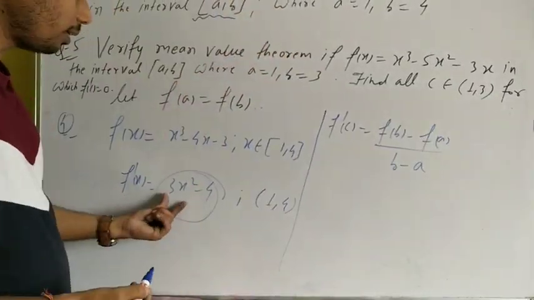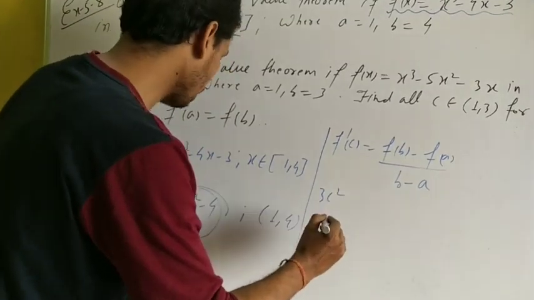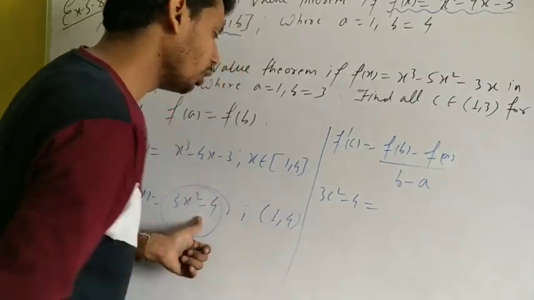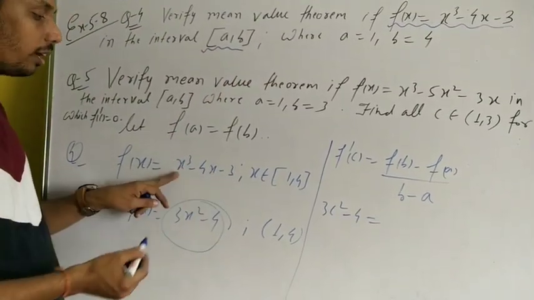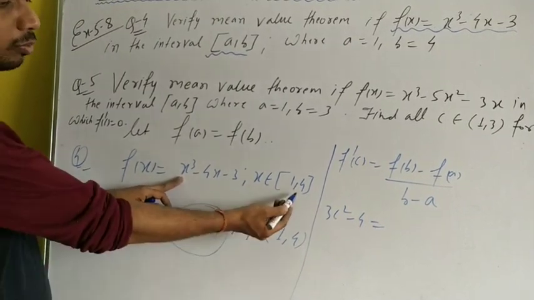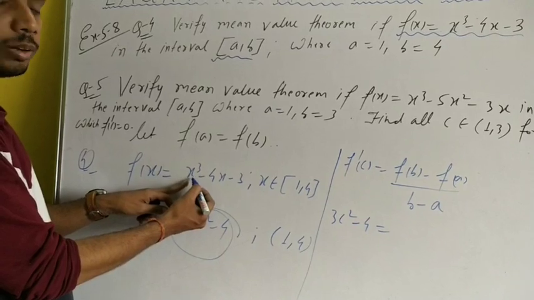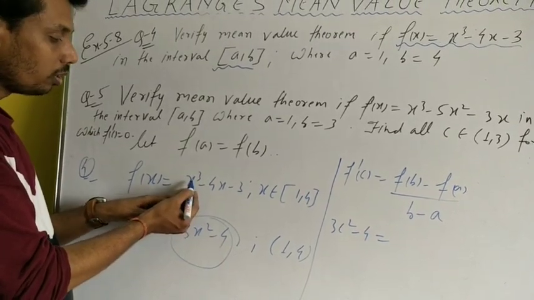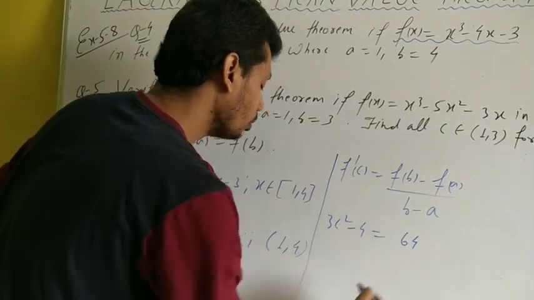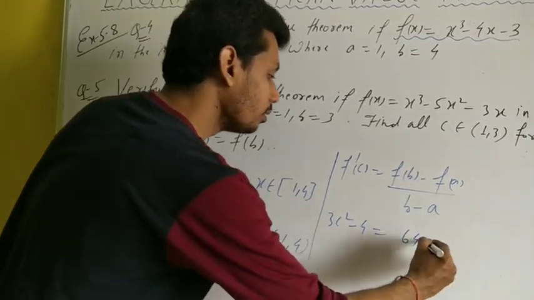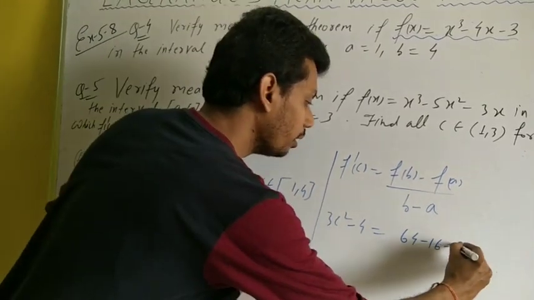So this is our f dash x, and f dash c will be equal to 3c square minus 4. Now f of b: here this is our f x, so replace x by 4, since b is 4. 4 cube is 64, minus 16, and then minus 3.